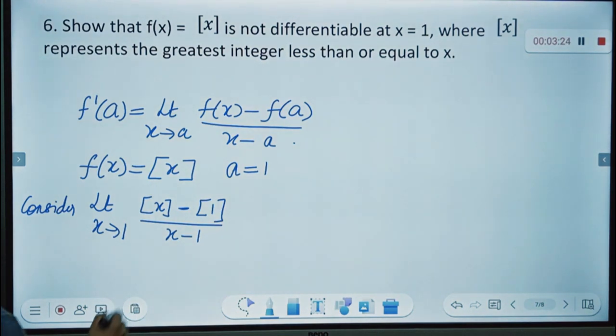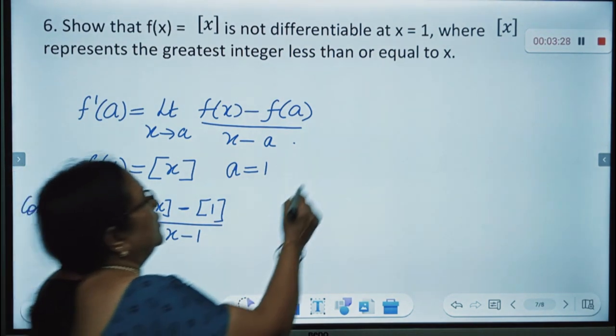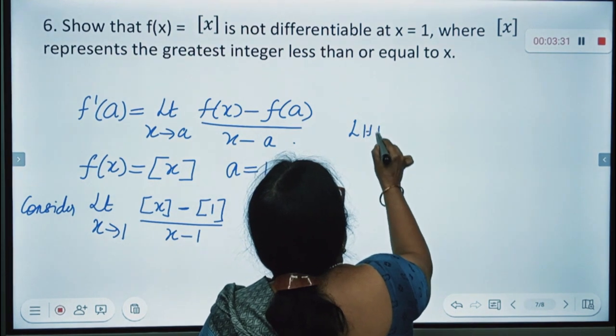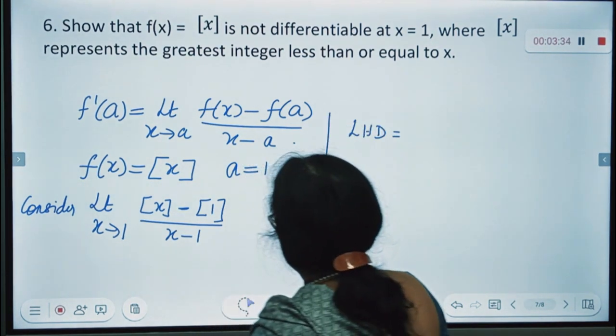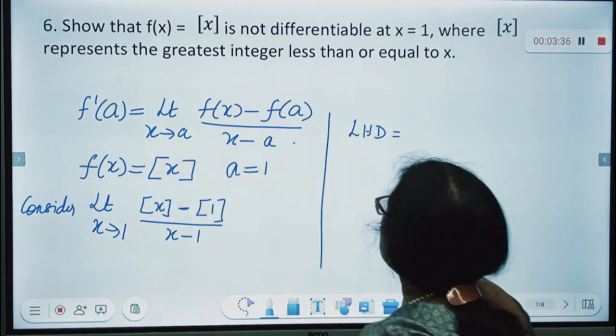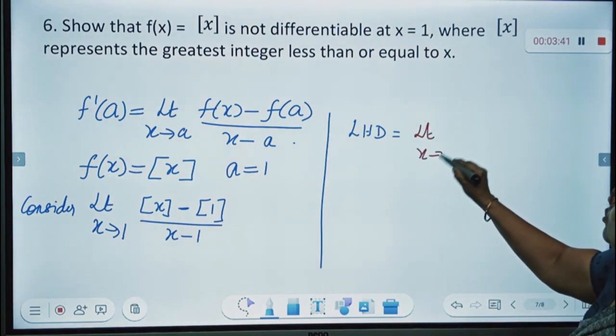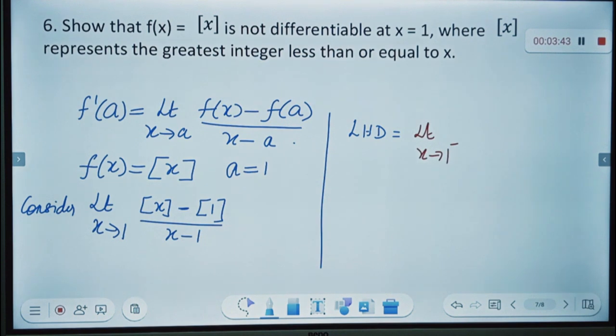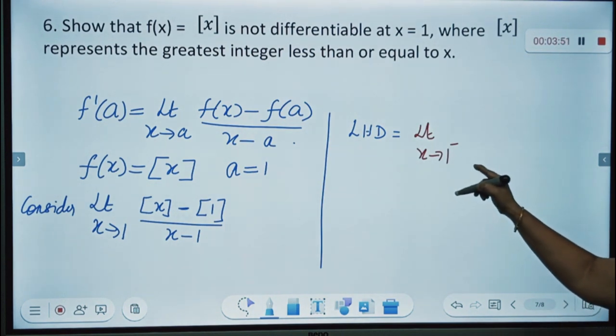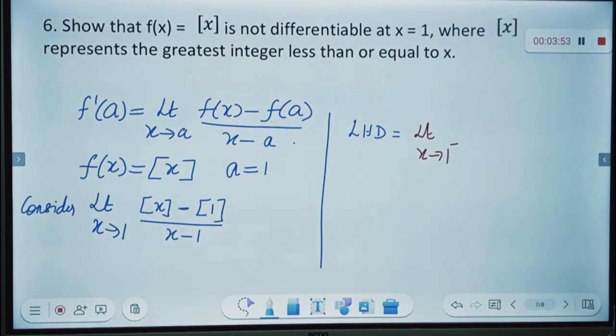Right? So for this, there is a left hand derivative and a right hand derivative. The left hand derivative will be the limit as x tends to 1 minus of. When I say x tends to 1 minus, x approaches 1 through values lesser than 1. So square bracket of a number slightly lesser than 1, for example 0.999. What will be the value of the square bracket function? It will be 0.